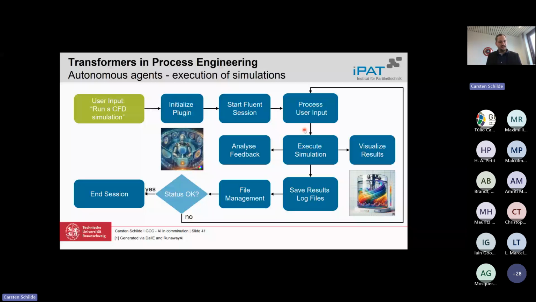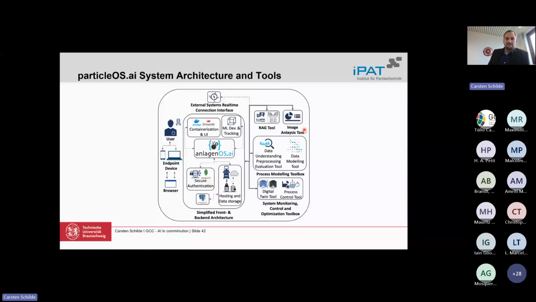And I will use just the last minute to show how all of this can interconnect. You can create such a system. We call it at the moment Anlagen AI, coming from the German, but we are shifting to process operating system.